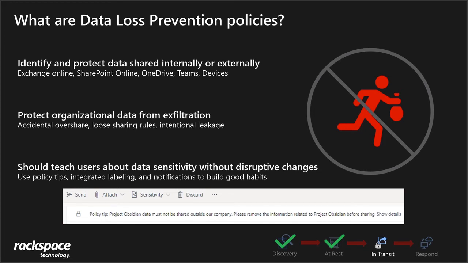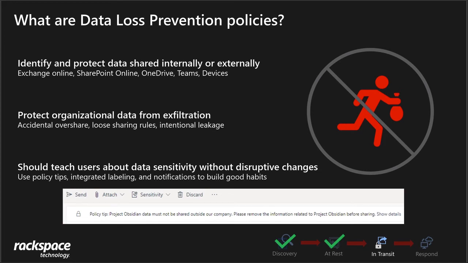Should it be limited? Should a user be notified that they're doing something wrong? Or should it be logged? The purpose of DLP is to enforce these company policies to avoid both accidental and intentional leakage. It's not always just to prevent people from doing bad things; a lot of it is to prevent people from accidentally sharing more data than they intended to.